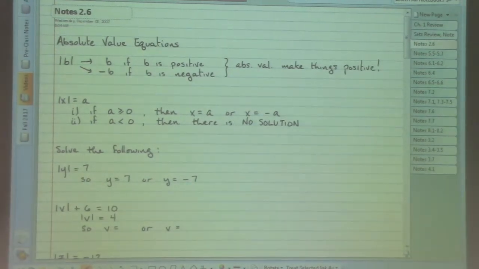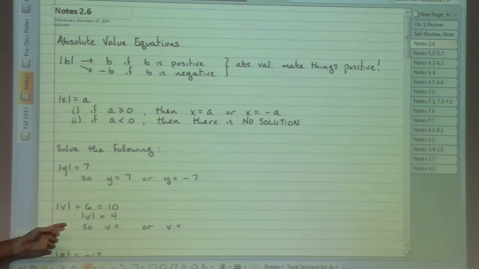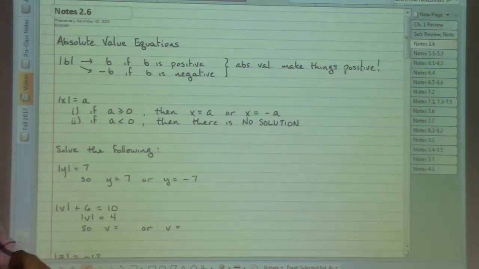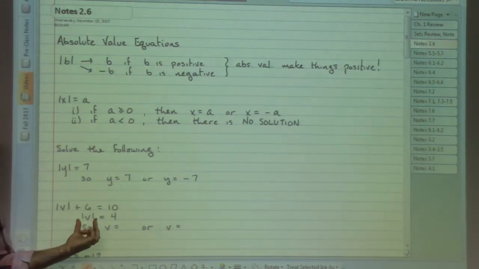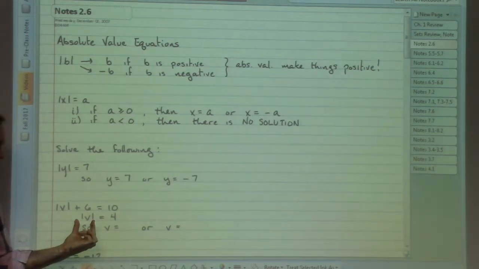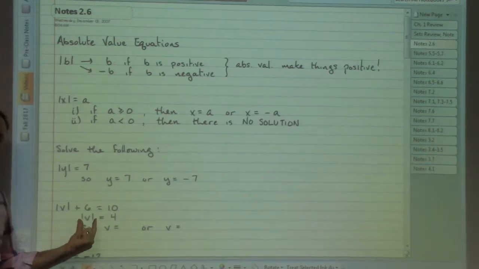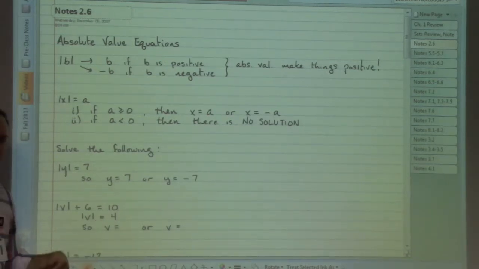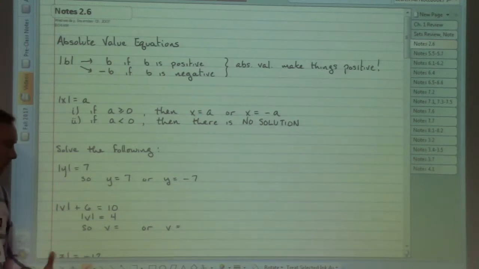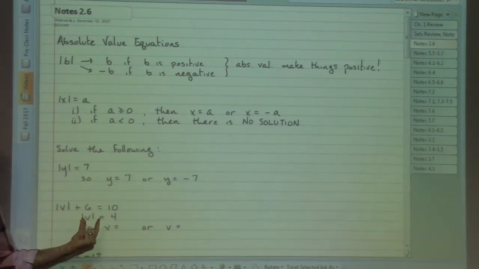In this next example, I can't do this right away, but moving the 6 so that the absolute value part is by itself gives me a very nice way of handling things. So like that previous example, once I have that absolute value by itself, it becomes much more quick for me to tell what's happening. The absolute value of v. Again, I've got two possibilities.